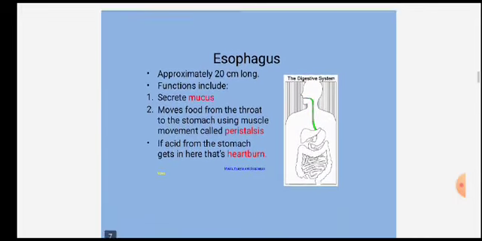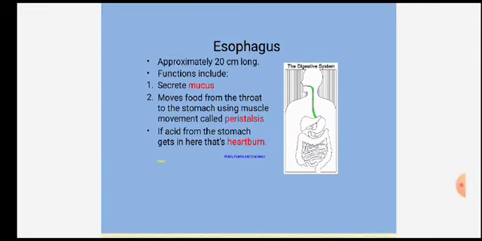The next organ present in the digestive system is the esophagus. The esophagus is 20 centimeters long, and it is responsible for secreting mucus. Mucus is a sticky material which prevents desiccation of the organ as well as friction. It moves the food from the throat to the stomach.